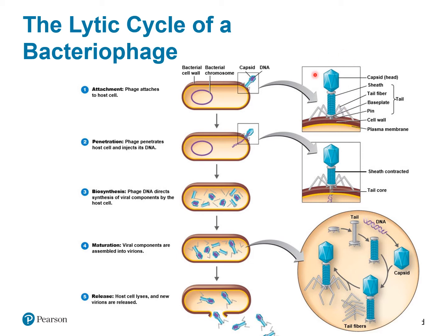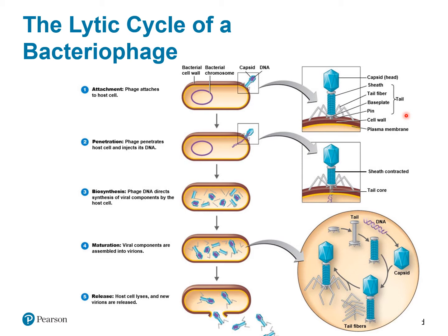So when the bacteriophage goes ahead and attaches, the very first step, to its host, what happens is the tail fibers go ahead and they interact and they bind to specific attachment sites on the cell wall of the bacteria.